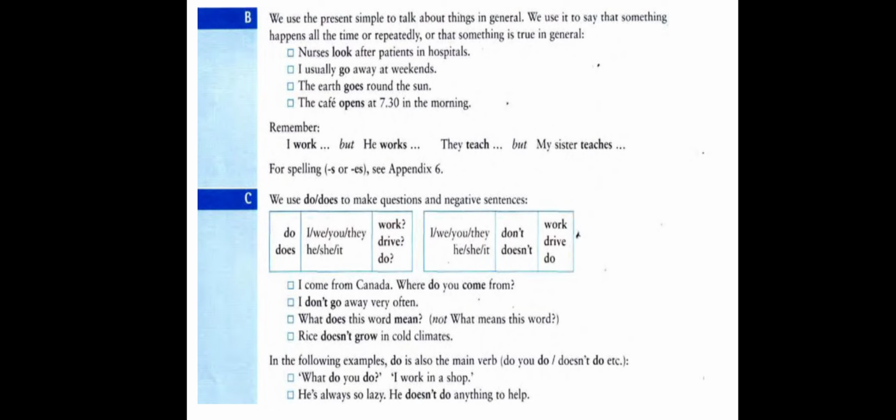To make it negative, we must use does, because the subject is singular, and we change the main verb into the base form. So it becomes "he doesn't," and the main verb becomes the base form do. So it becomes "he doesn't do anything to help."